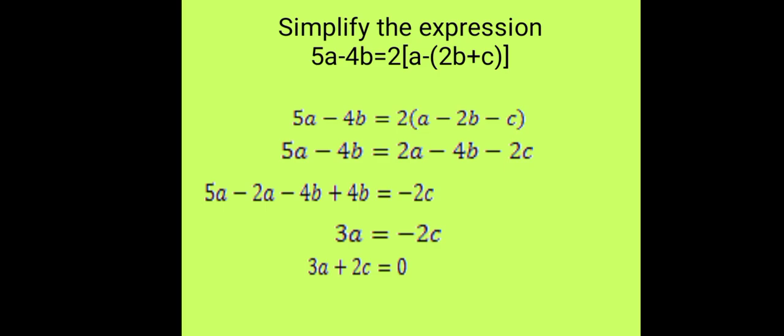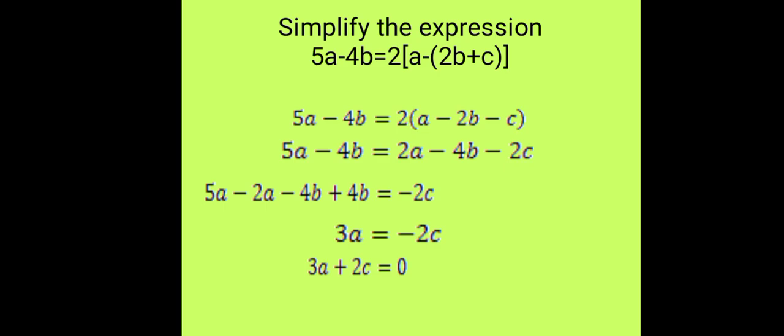Simplify the expression. 5a minus 4b is equal to 2 into a minus 2b plus c. Now we shall expand the part in the bracket first.